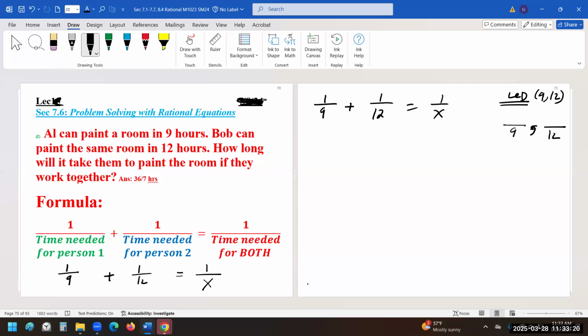Probably not, right? If you're not sure, look for their multiples. 9 has the timetable 9 times 1, 9, then 18, then 27, then 36. 12 has the timetable 12 times 1, 12, 12 times 2, 24, 12 times 3, 36. What is the smallest number you see in both multiples? So yes, that's correct. The LCD is 36, the smallest number.